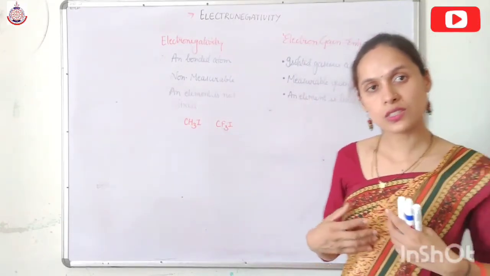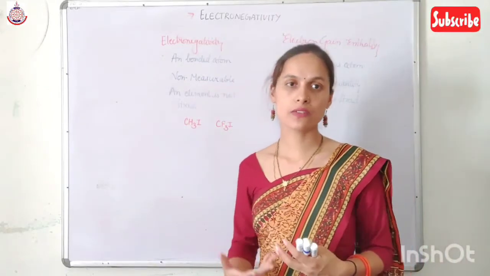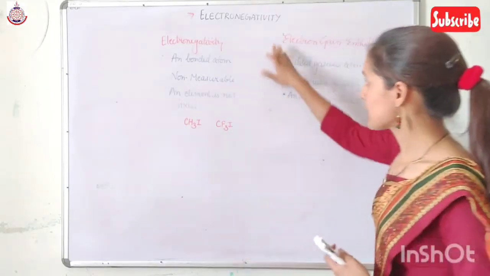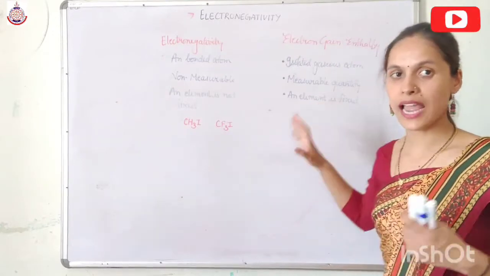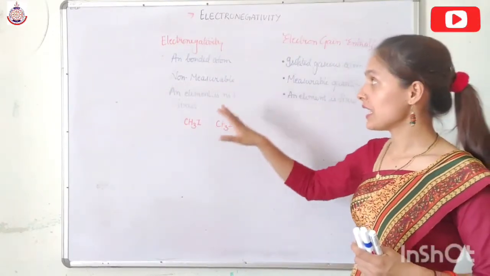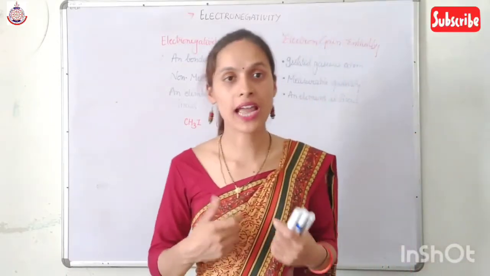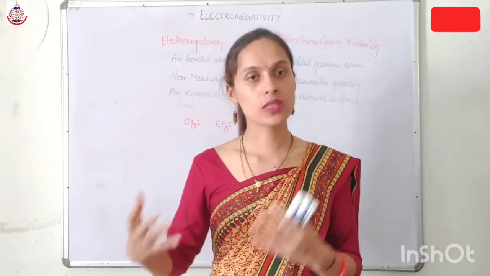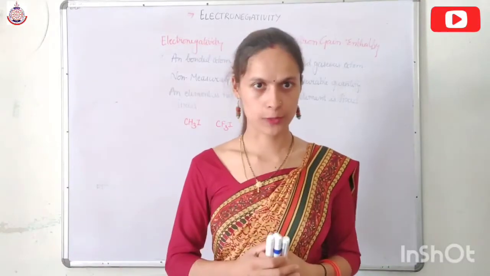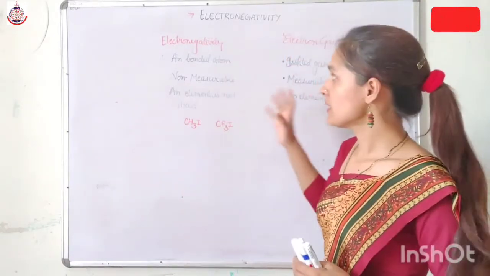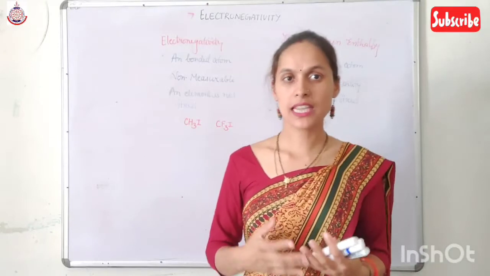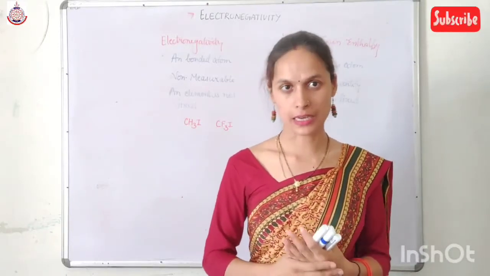So due to the change in the substituent, the electronegativity also changes. So the electron gain enthalpy of an atom is fixed, but the electronegativity of an atom or element changes with the change in the atmosphere. So these are the differences between electronegativity and electron gain enthalpy.